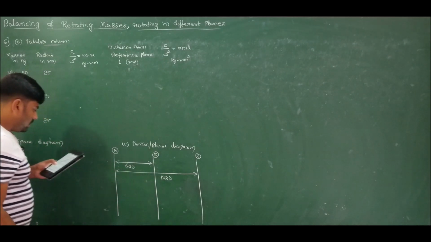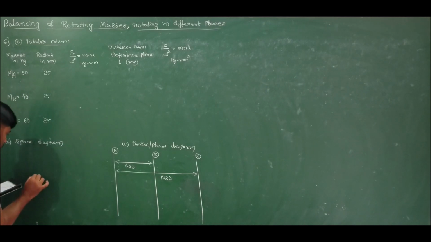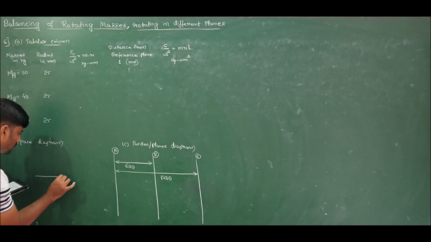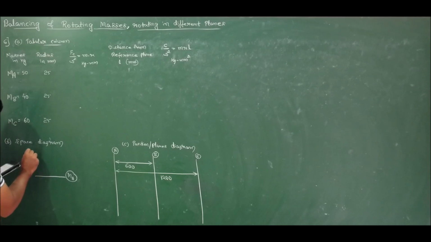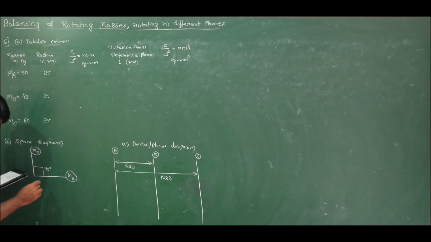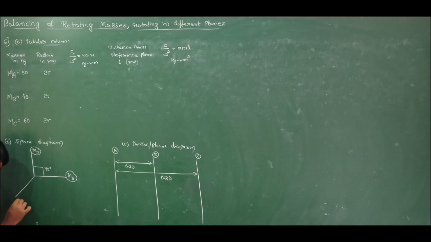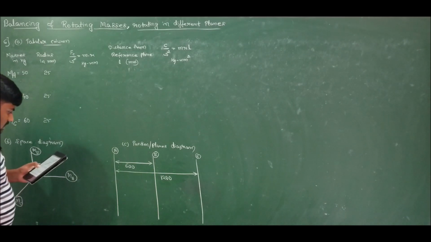The angular position of mass B and C is with reference to A. Since he has specified the angular position of masses with reference to A, let me take mass A as the reference. With reference to A, the angle is 90 degrees for mass B, and for mass C it is 210 degrees.